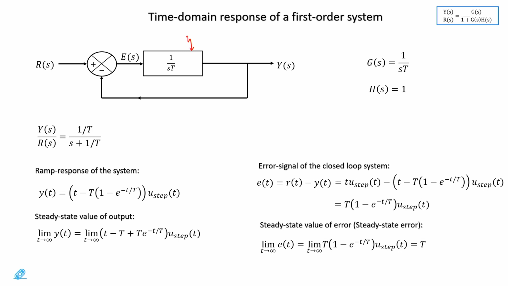When you did the mathematical modeling, you came out with the plant transfer function to be, for example, 1 by sT, if it is a first order system. And what is the feedback transfer function? Say 1. There is nothing in the feedback, you are just connecting the output directly to a summer, or a block which finds the difference between the reference and the output.